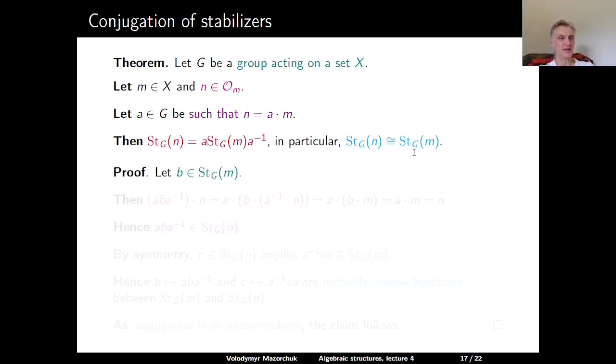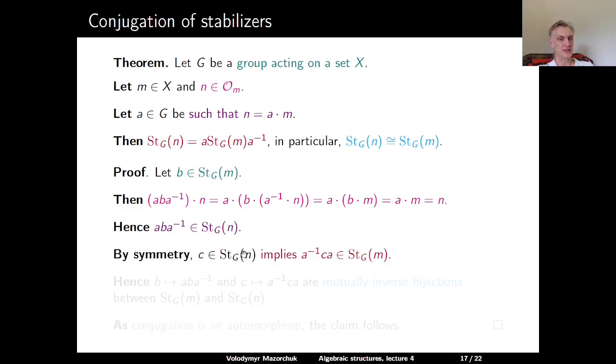Proof. Let B be an element which stabilizes M. Then, if we apply ABA inverse to N, we can write it as A applied to B applied to A inverse of N. A inverse of N is M, B of M is M, and A of M is N. So this means that ABA inverse belongs to the stabilizer of N. And of course, by the symmetry of the situation, if C is an element in the stabilizer of N, then A inverse CA belongs to the stabilizer of M. But this means that we have two maps between the stabilizer of N and the stabilizer of M. One sends B to ABA inverse, and another one sends C to A inverse CA, and these two maps are mutually inverse bijections.